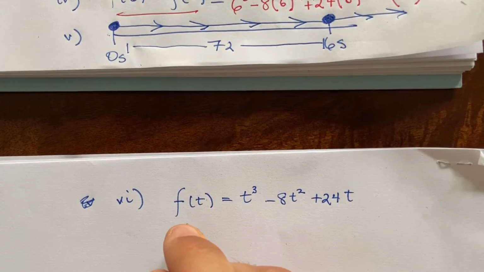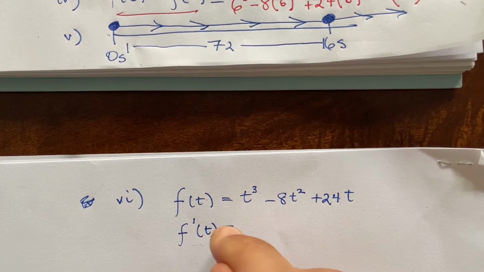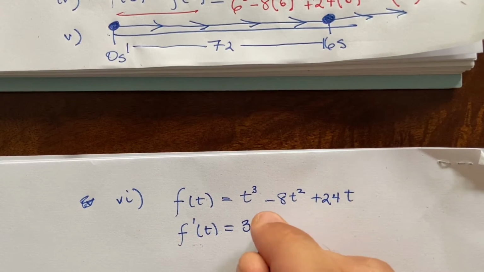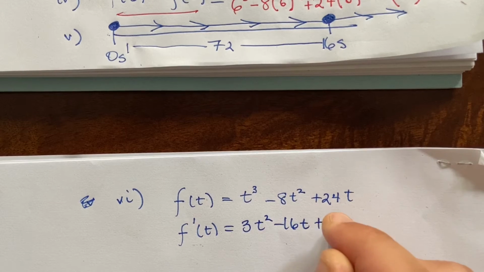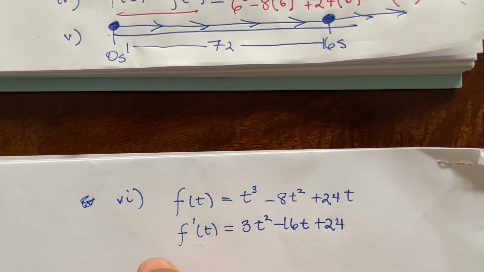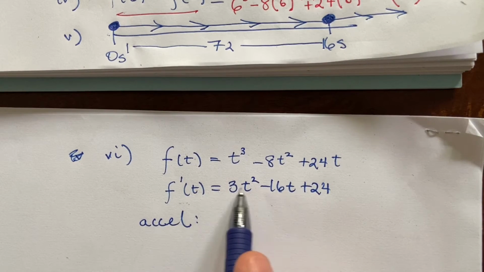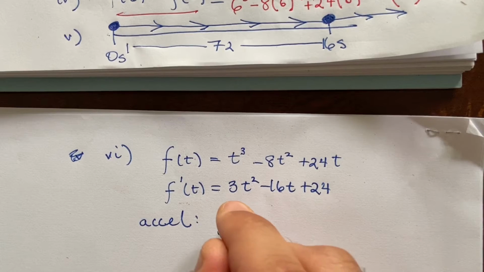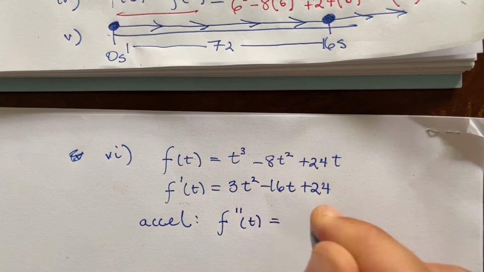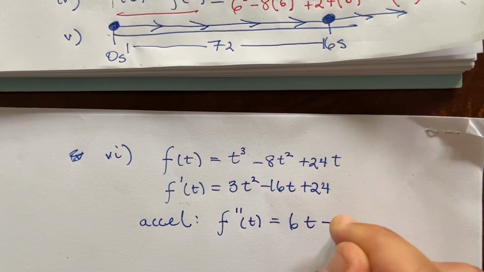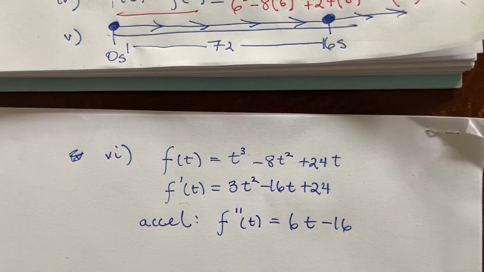And then that gave us a velocity function. I'm just recapping. So if I want an acceleration function, which is what we want here, then I just need to take the derivative of the velocity function. So f double prime of t, 6t minus 16, it looks like.